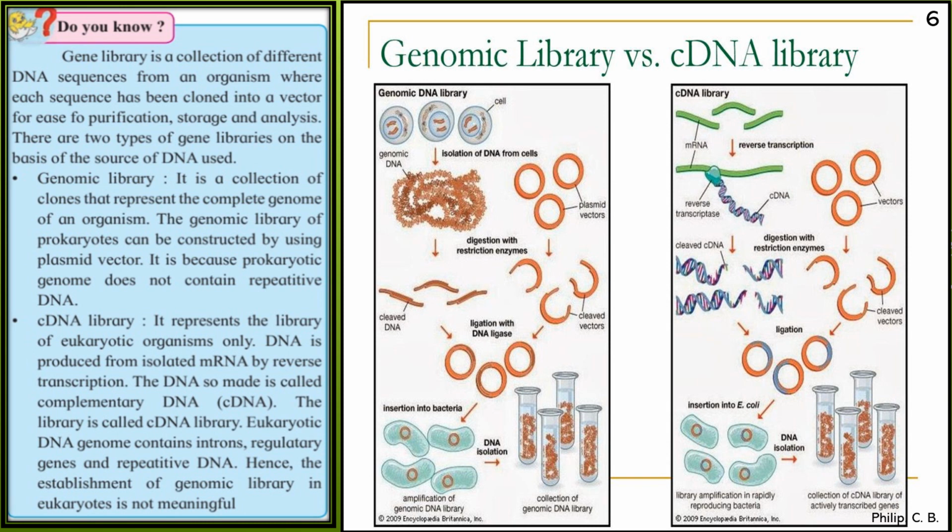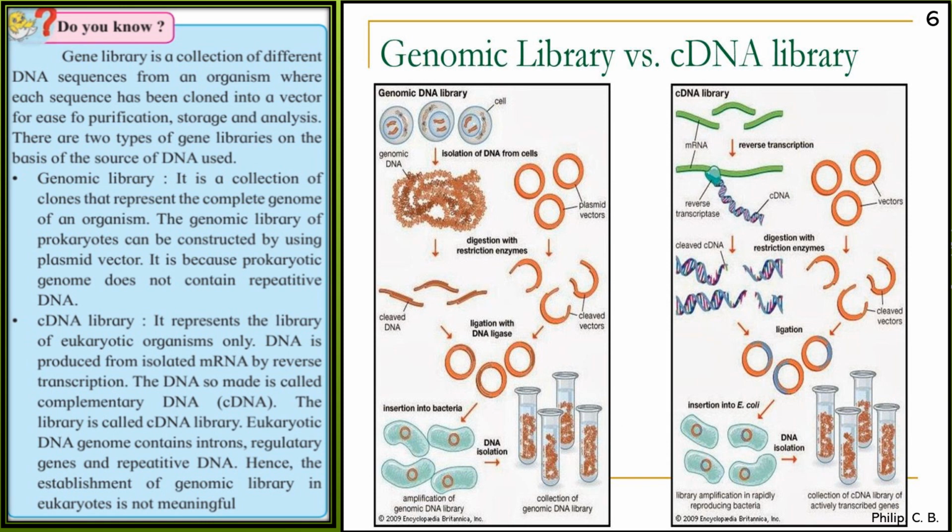cDNA library, the second type, represents a library of eukaryotic organisms only. So in the case of cDNA, that is complementary DNA library, it is only for eukaryotes, whereas genomic can be used for prokaryotes. Further, DNA is produced from isolated mRNA by reverse transcription.